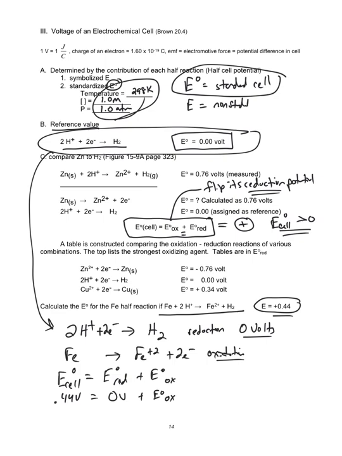So if I solve that, I know that the iron reaction's oxidation potential is positive 0.44 volts. But this would be as an oxidation reaction.